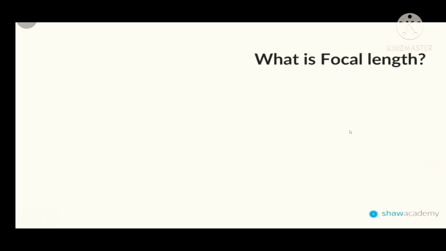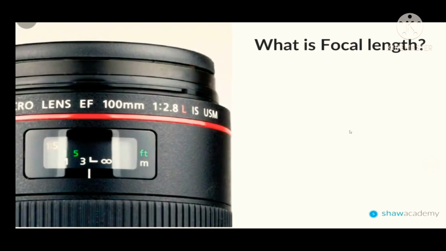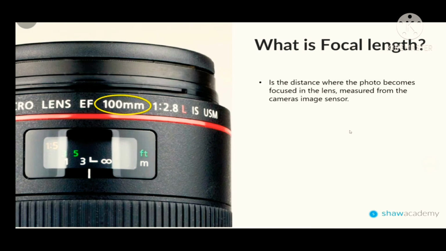Now, you've heard me say the phrase focal length an awful lot throughout this lesson already. But what is focal length? Well, basically, focal length refers to the millimeter range on the lens. So every lens you're going to see some type of millimeter range. And basically, in technical terms, it is the distance where the photo becomes focused in the lens measured from the camera's image sensor.